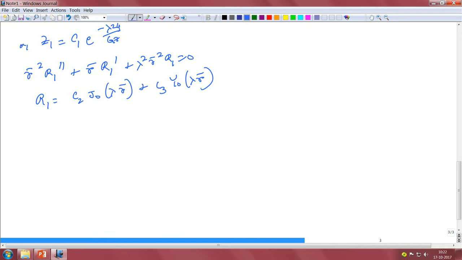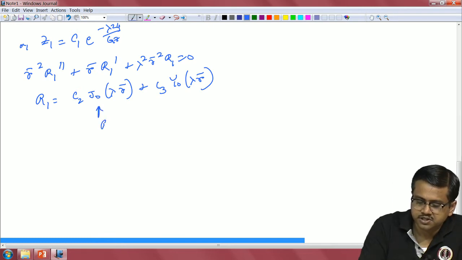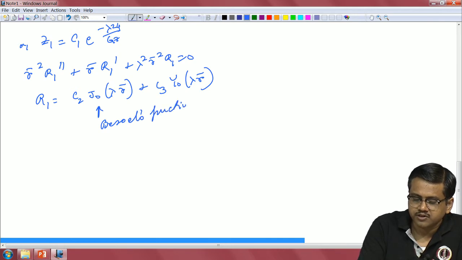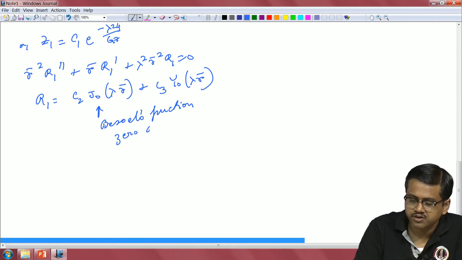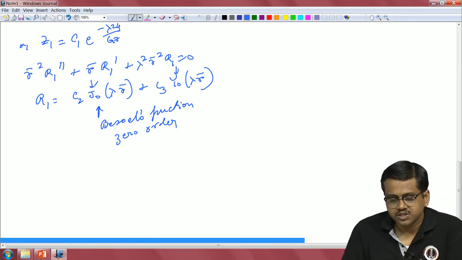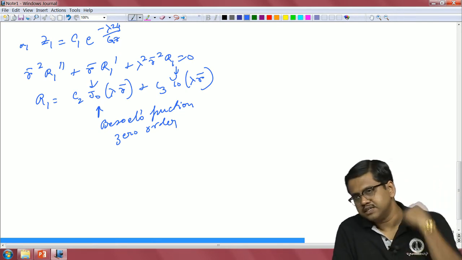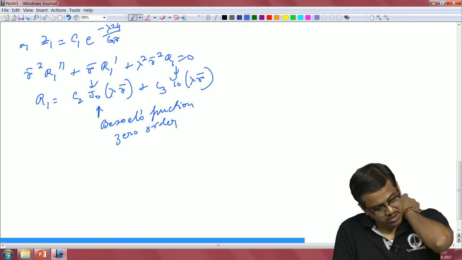That is the solution. These are basically Bessel's functions. Of course, as you can see it is of order 0, so zero order. J is the first kind, Y is basically the second kind. So, that is the solution that you have.